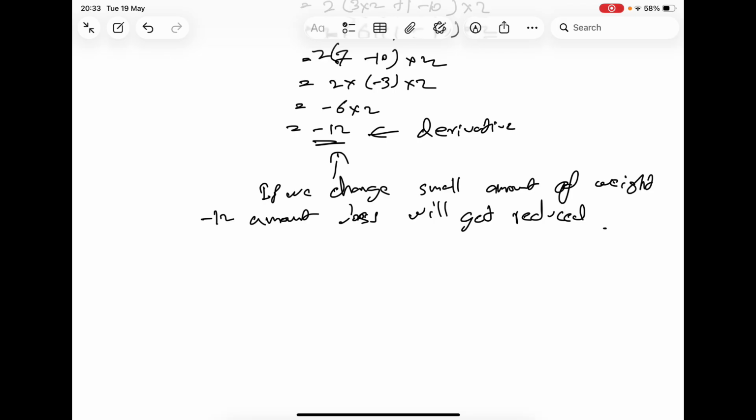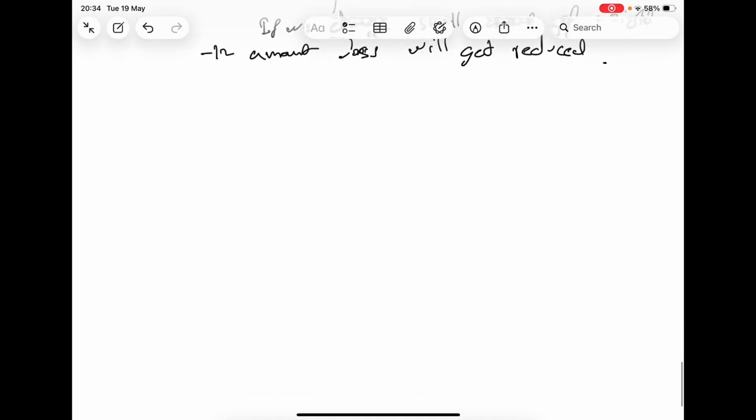So in other words, if we increase the weight by a small amount, then our loss will get reduced by 12. So that's its meaning, right? Right, now we'll keep this minus 12 in our mind. Now let's move to the next section.